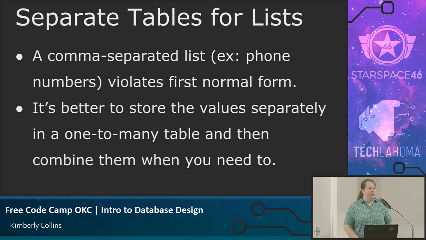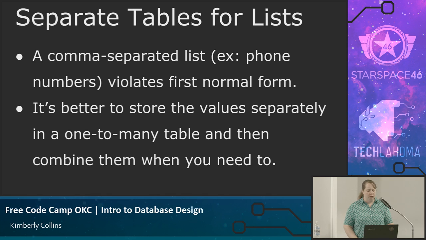And a great example of that you'll see all the time in a spreadsheet: you'll have a list of people, a column for first name, a column for last name, and then a column for phone number. Well, as soon as you do that, of course, someone wants to give you two phone numbers. And that's perfectly fine to do in a spreadsheet or in a non-normalized database. But if our goal is normalization, we can't have that comma-separated list. That's violating first normal form.